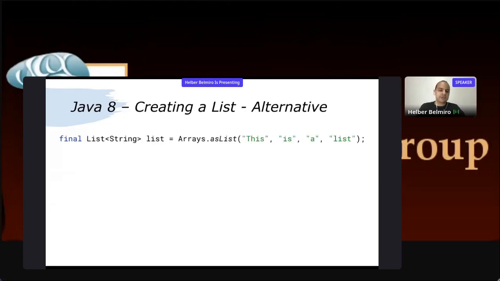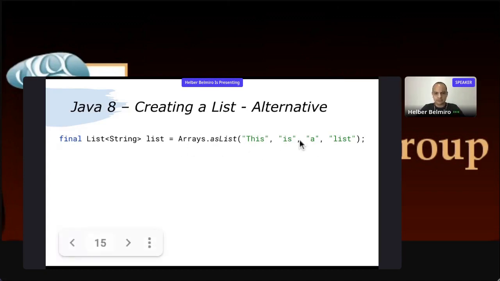An alternative that we could use is to call the factory method Arrays.asList, and to inform the elements of the list. And now we can have a final variable and an unmodifiable list.